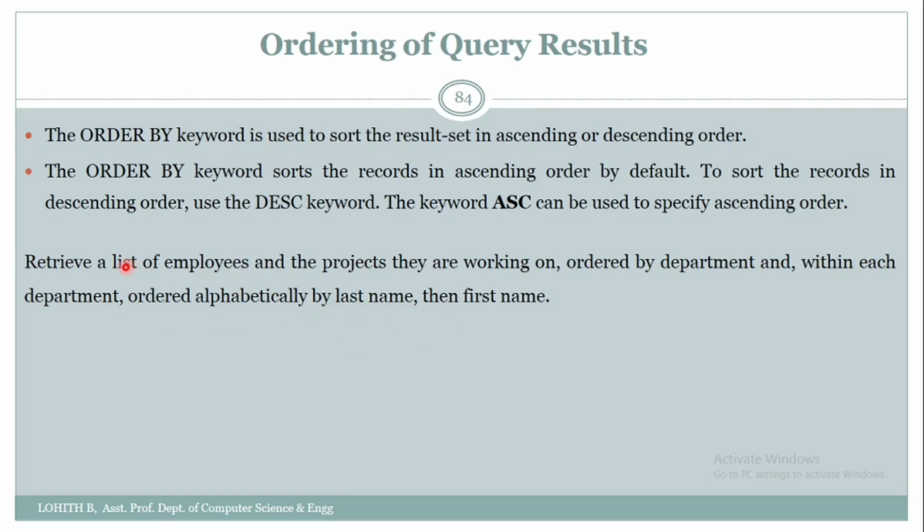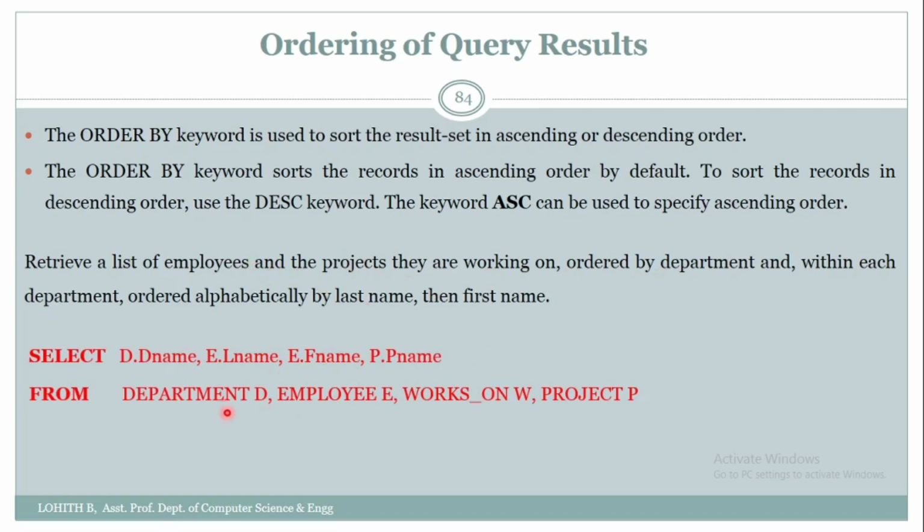Which means I want the list of employees and the projects. Here I need to make use of employees, projects, department. As you can see, employee, department, works on and project. So all the tables will be used here, and we retrieve the employee and the project they are working on, ordered by the department.